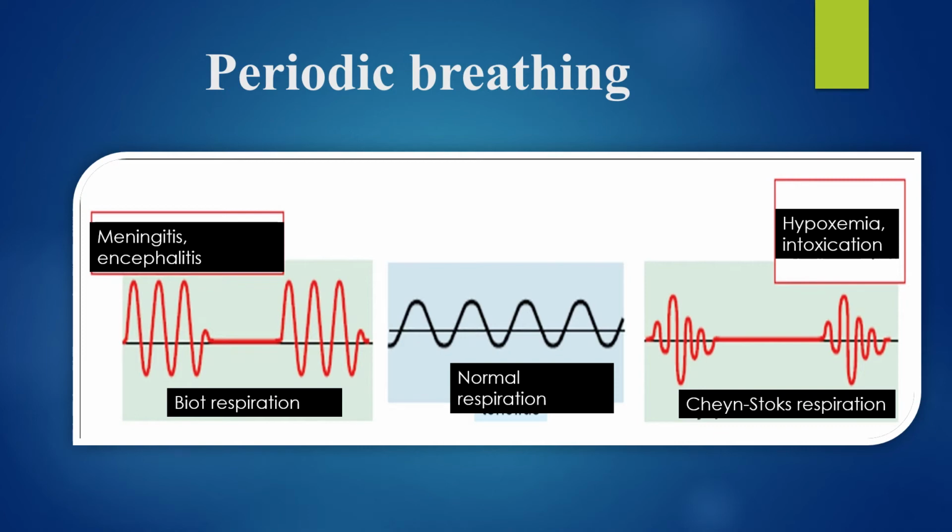Biot breathing is observed with meningitis, encephalitis, heat stroke, and other pathological conditions. The pathogenesis of periodic breathing is explained by a weakness of the excitability of the respiratory center. In this case, the concentration of carbon dioxide in the blood cannot cause excitation of the respiratory center, and apnea occurs.